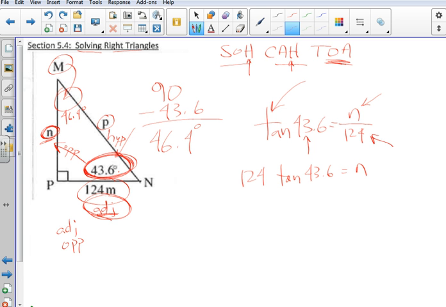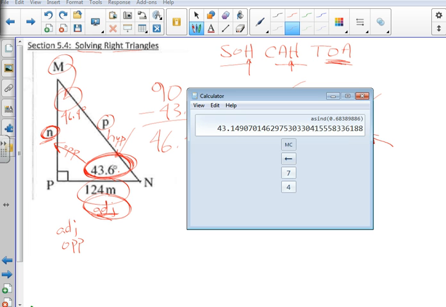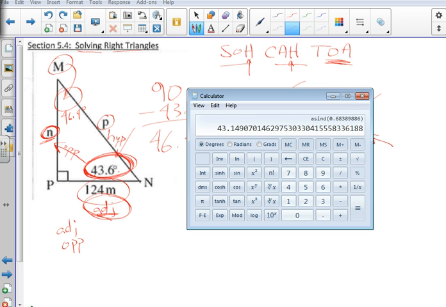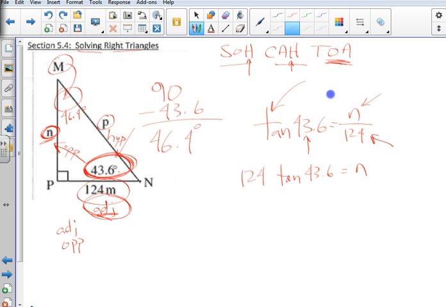So we'll have 124 times tangent of 43.6, then equals, and that's going to be 118. So n is 118 meters.